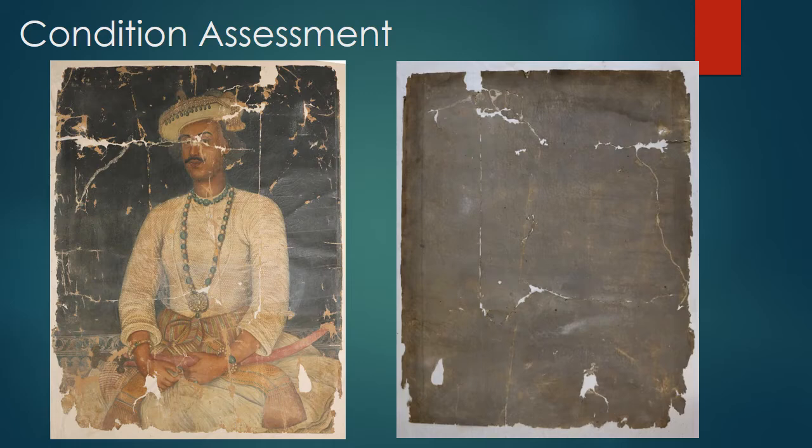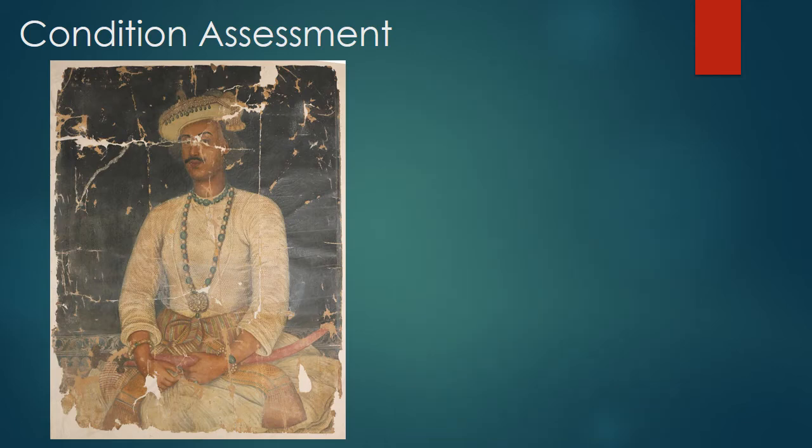Stretcher was missing. After detailed examination of the backside of the painting, it looks like the wooden stretcher may have been badly damaged or totally eaten away by insects, most probably termites. The canvas support as well as the paint layer also showed signs of damage due to insect attack.